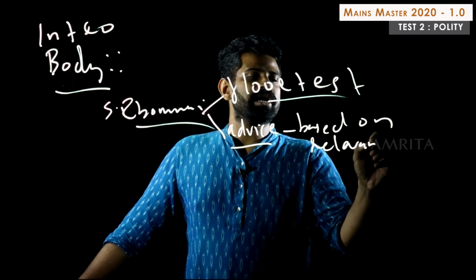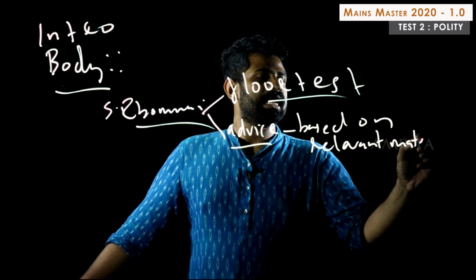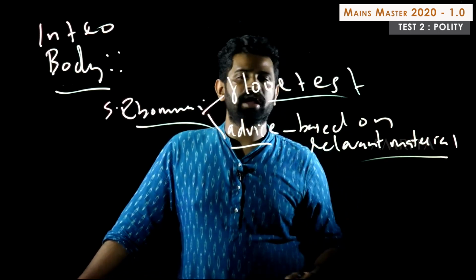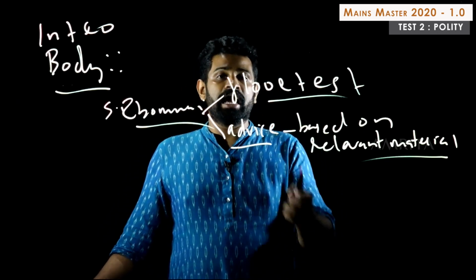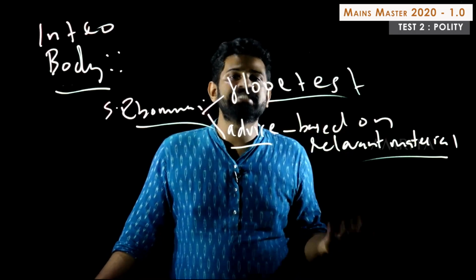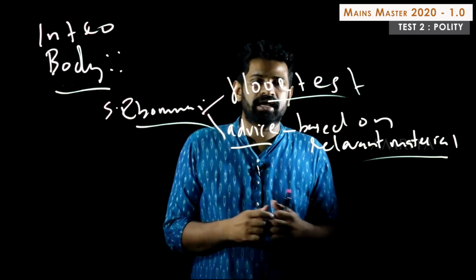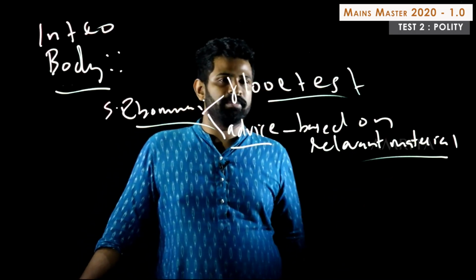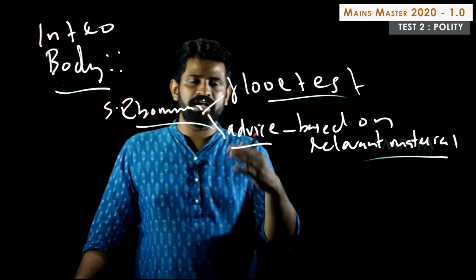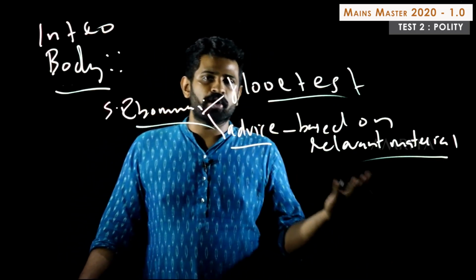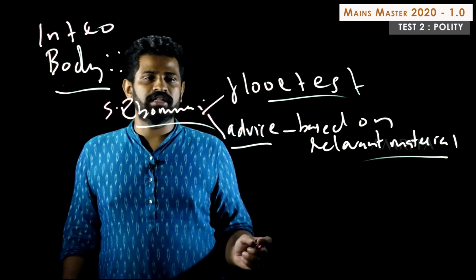If there is no relevant material suggesting dissolution of a state assembly or state government, the Supreme Court can reinstate the government or negate the action by the central government. These are the two major principles which S.R. Bommai has laid down when it comes to bringing more objectivity into the misuse of Article 356.